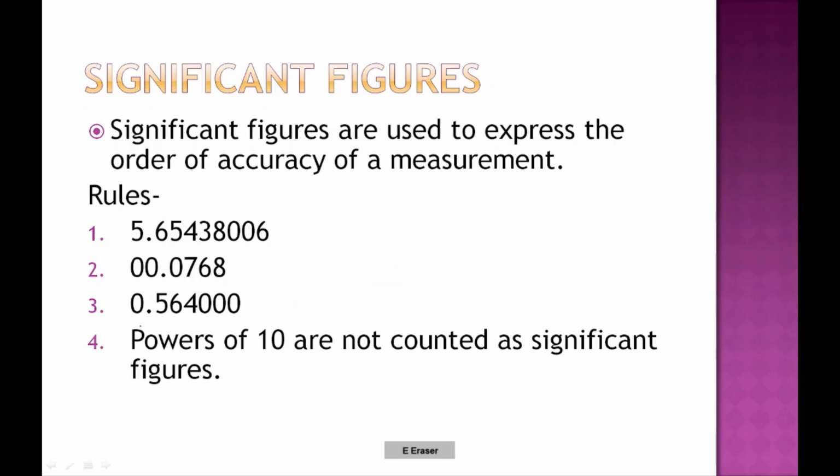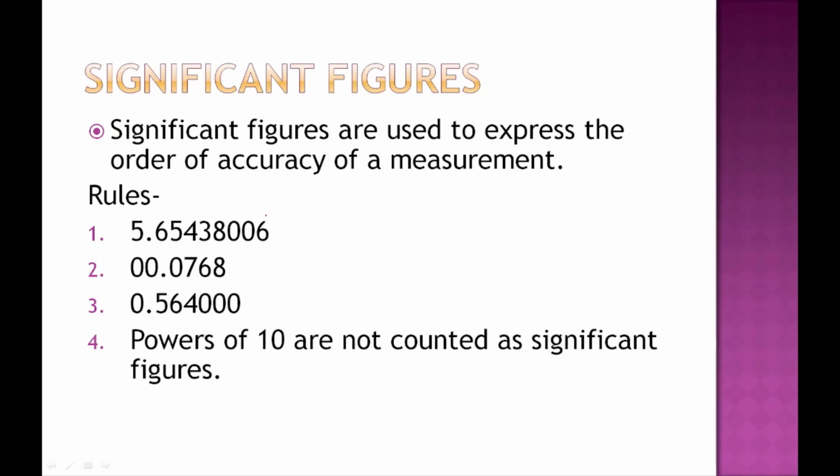So in this example, this 0 is to the left of non-zero digits, so it will not be a significant figure, but these zeros are to the right of non-zero digits, that's why they will be considered significant. So in this example, how many significant figures are there? 1, 2, 3, 4, 5, 6. There are a total of 6 significant figures.